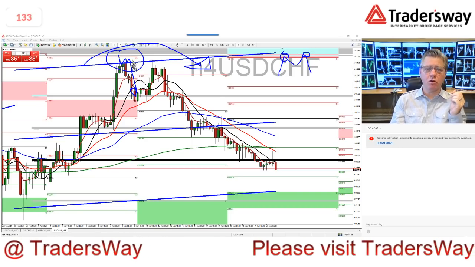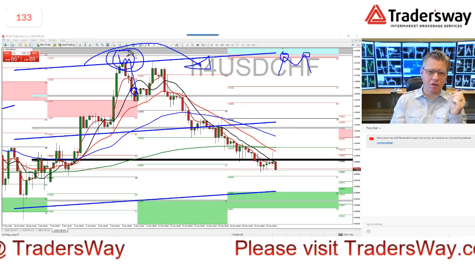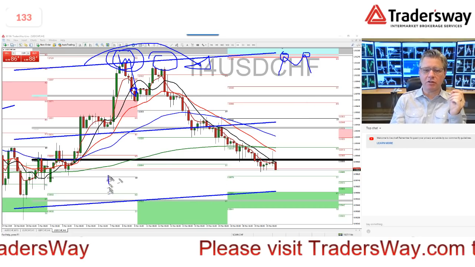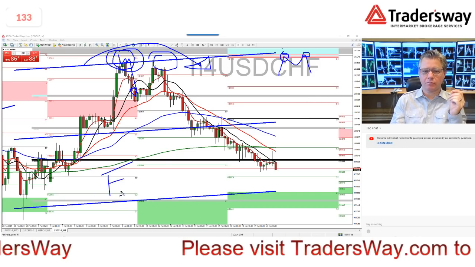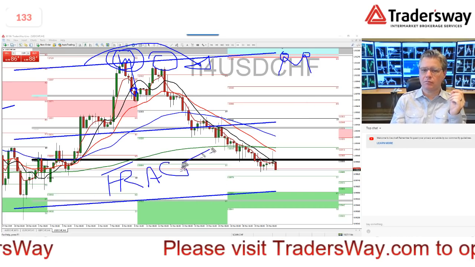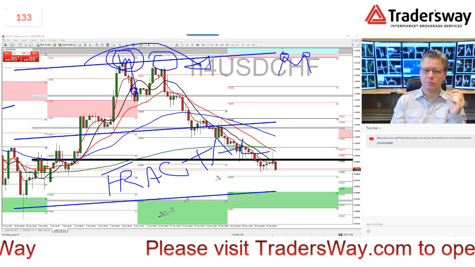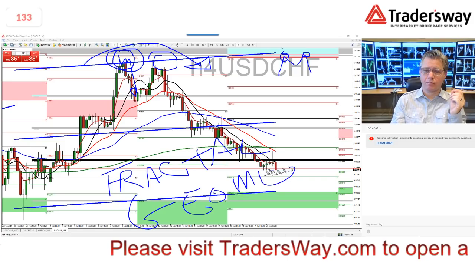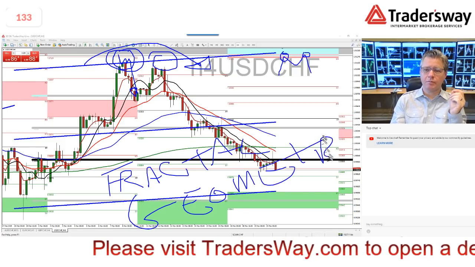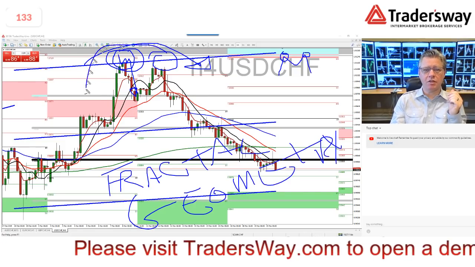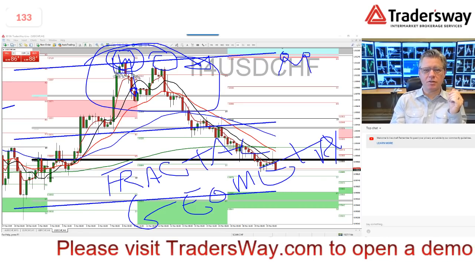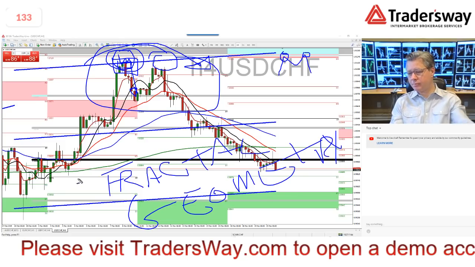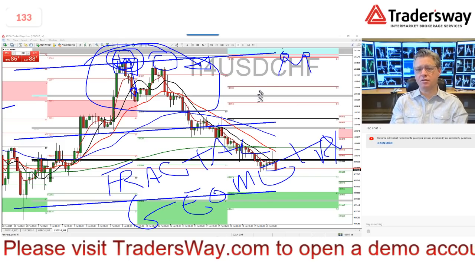Okay, so you're going to find it on the 15-minute chart, but you're also going to find it on the 4-hour chart. That's fractal geometry. All the information on this chart, you can go into this pixel and find it in here. Because it's only the price, right?